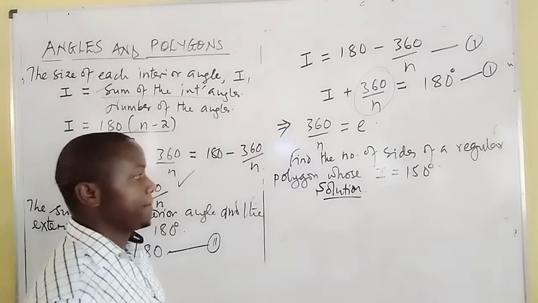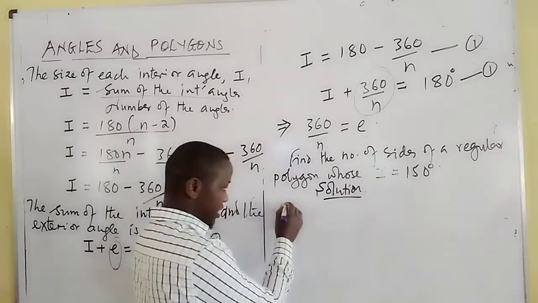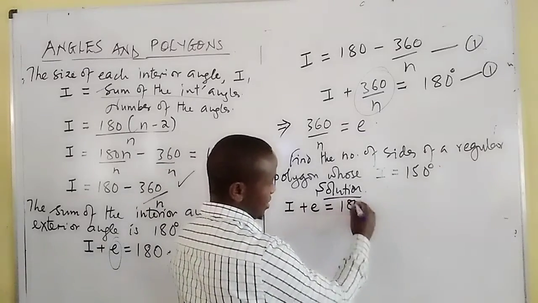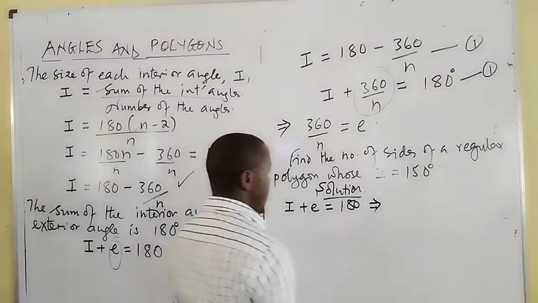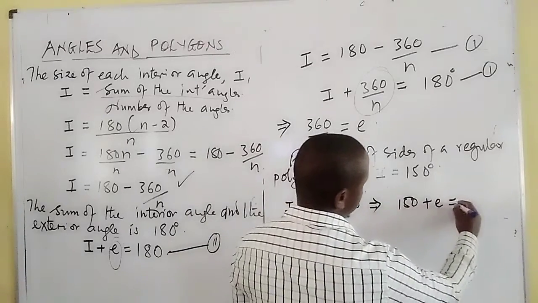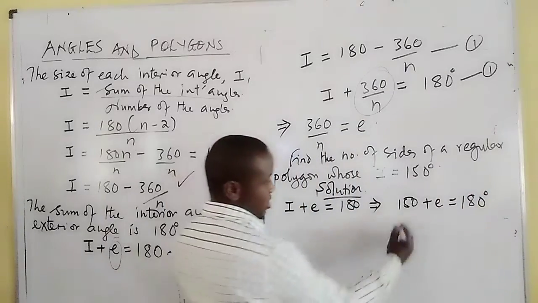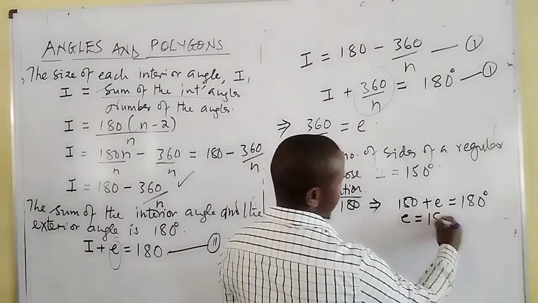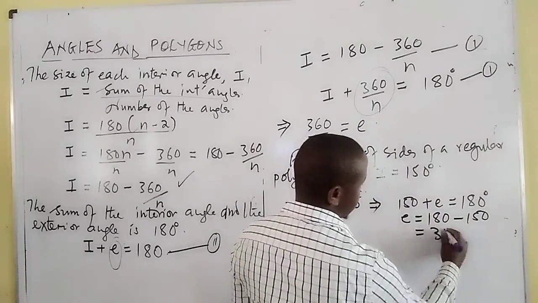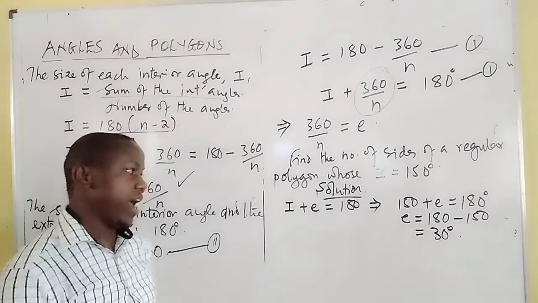So remember, we are given the interior only, and we know that interior plus exterior is equal to 180. This implies that we can take the interior, which is 150, plus exterior, which we don't know, equal to 180. So we can get the exterior angle by getting 180 less 150 degrees. This gives us 30 degrees. So now we got the size of an exterior angle.